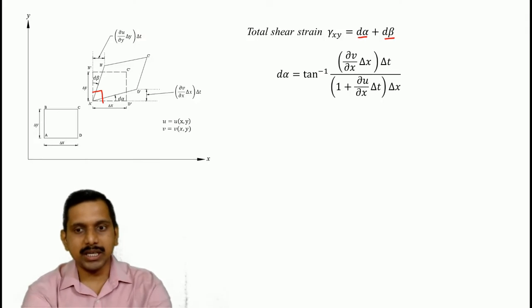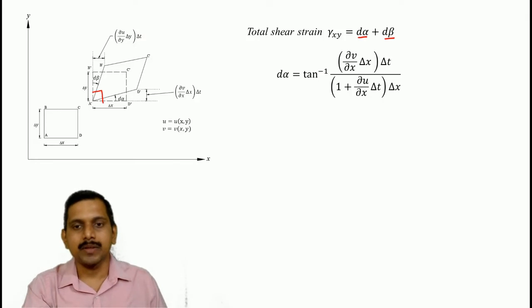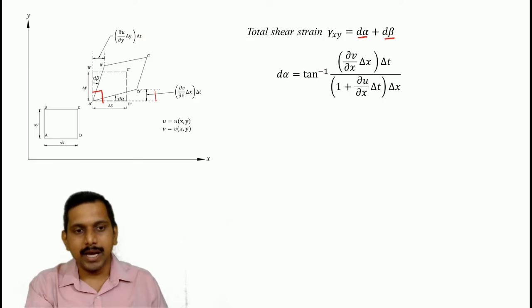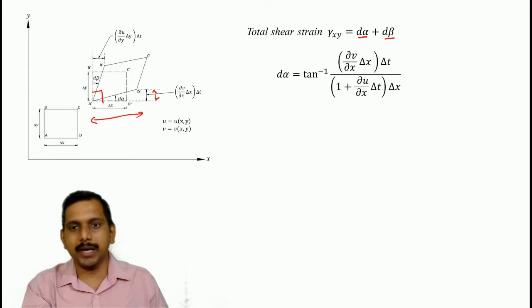If I consider d alpha, what is this angle? This angle is tan inverse of, tan is opposite by adjacent, correct? So this is the adjacent and this is the opposite. The opposite is given by dou v by dou x delta x into delta t.